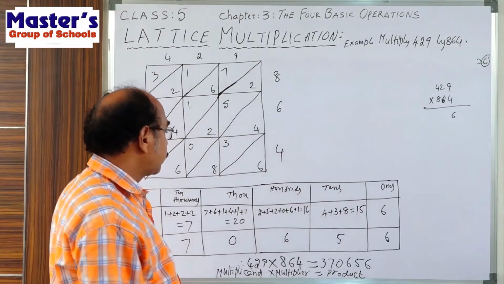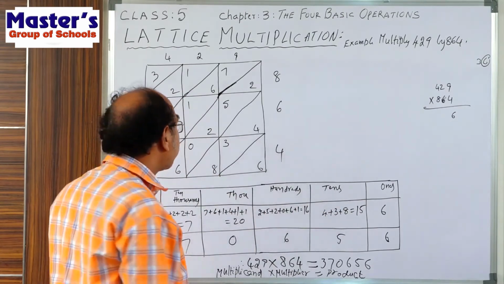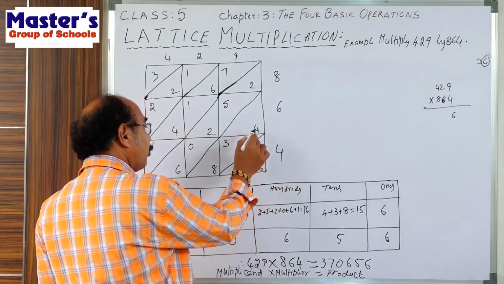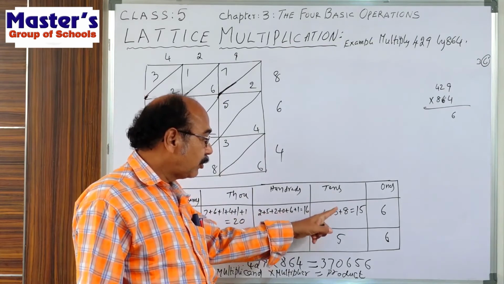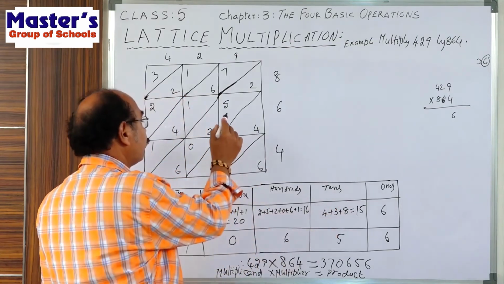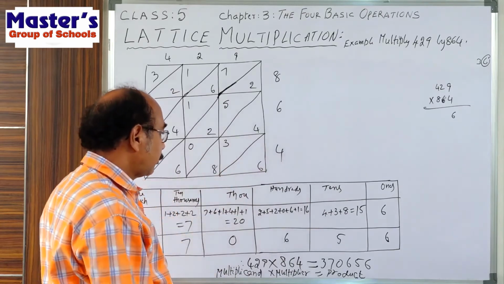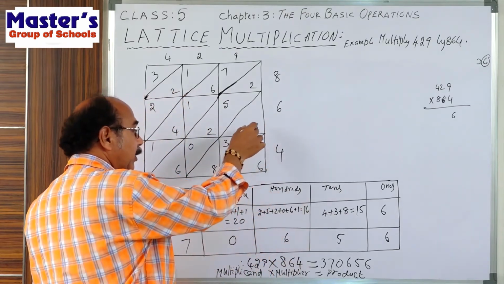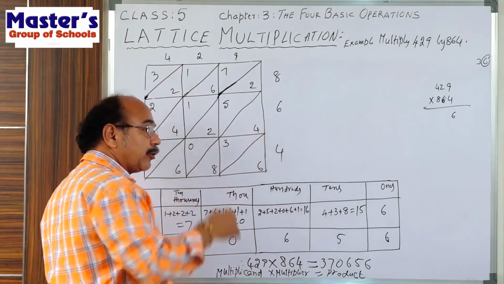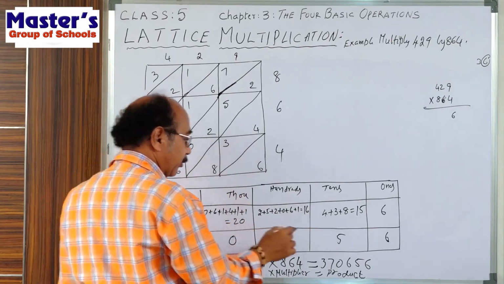Now come to the tens place. What are the tens digits here? 4, 3, 8. See children, in this diagonal, the tens digits are 4, 3, 8.